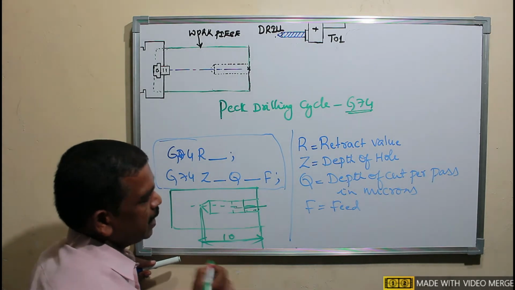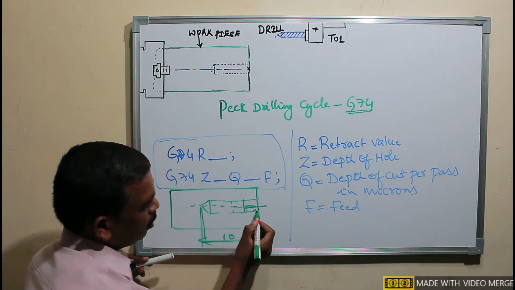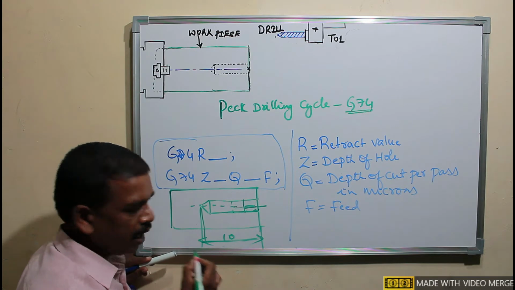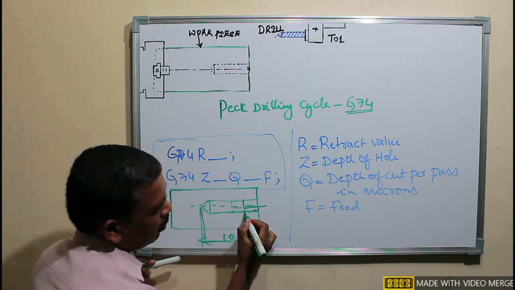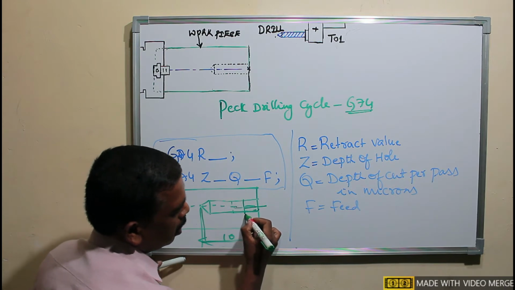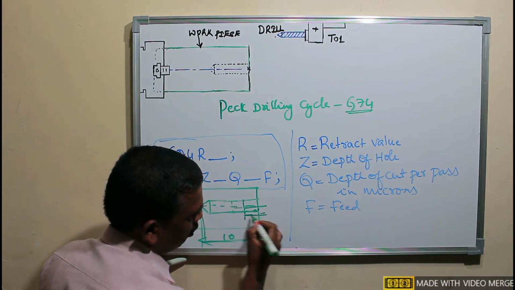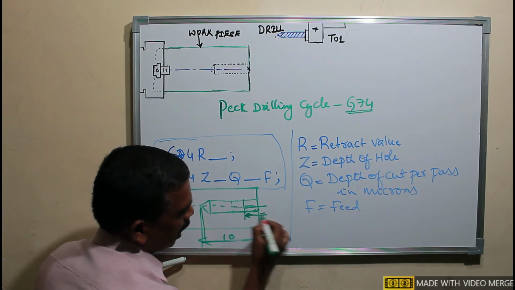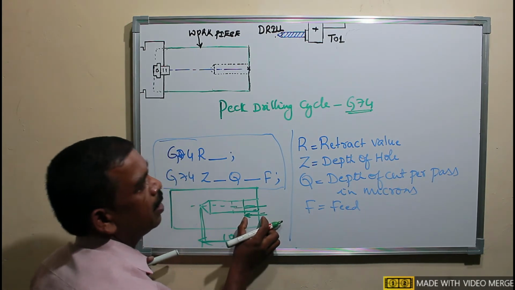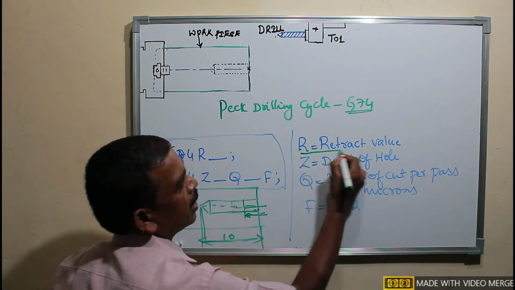In CNC also, when we want to do this drilling operation for this length, we will move the tool for a certain depth and we will remove it and move backward. For removing the tool backward for a certain length, we use the word retract.